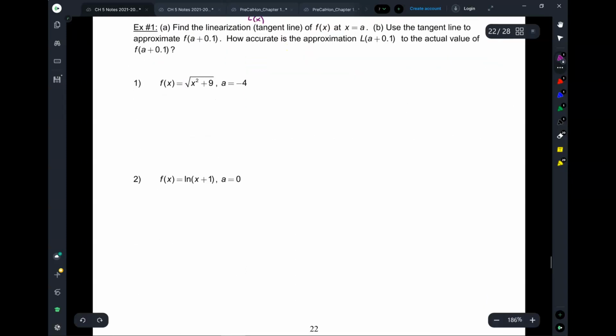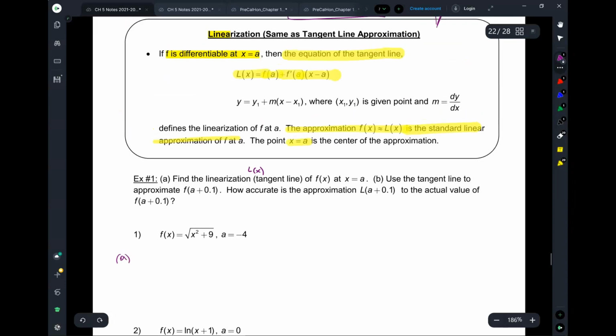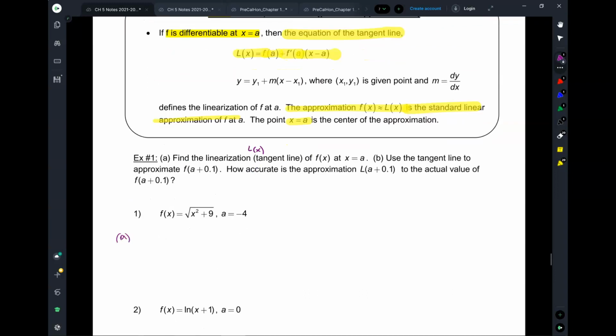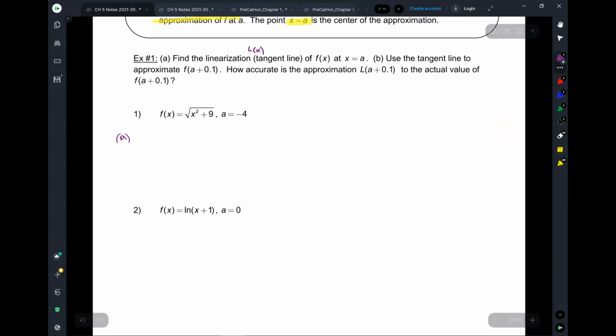Okay, so first for part A, I want to come up with that L of x equation. Well, what does the L of x equation call for? It calls for f of a, f prime of a, and so on. A is -4. Okay, so first let's find f prime of x. I want you guys to be quick when we're working with roots, right?